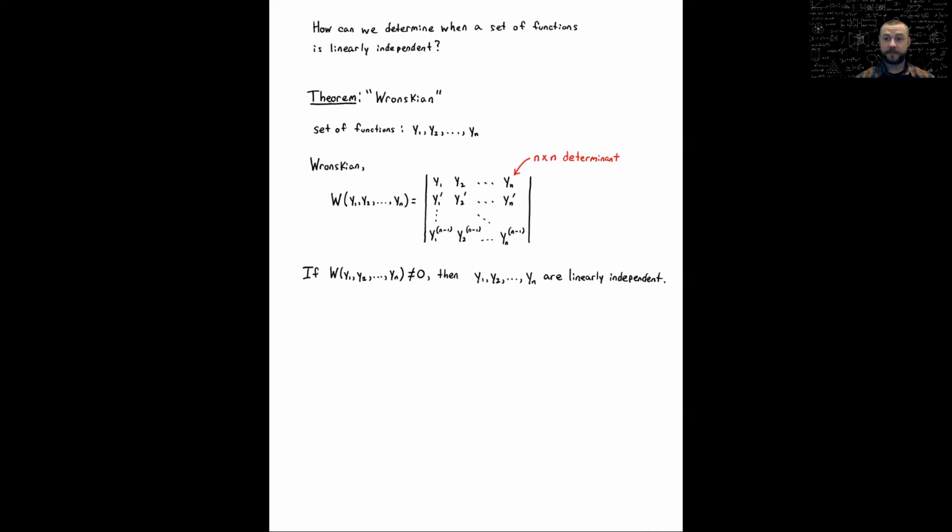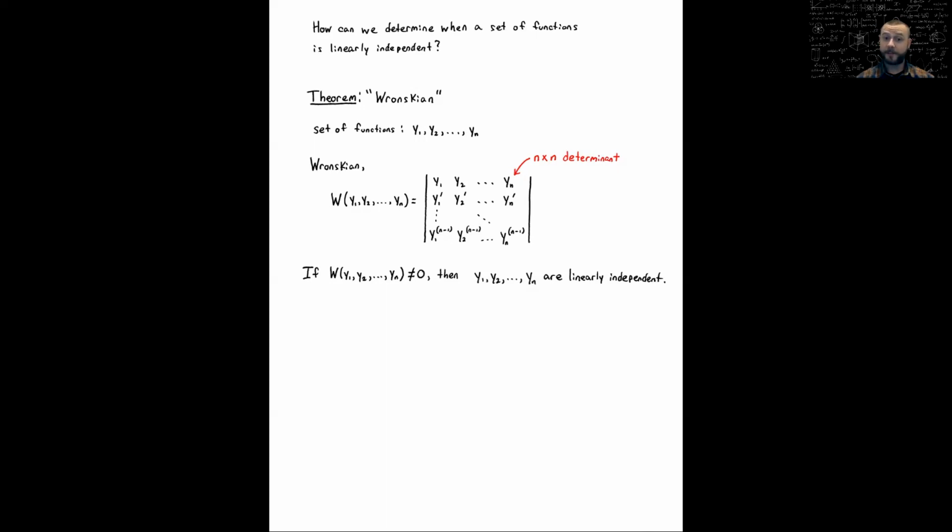Seems really simple, right? Well, the downside to this is as you scale up the size of your determinants, anything beyond, I'll say, a 4x4 determinant is very difficult to calculate, usually requiring special numerical algorithms to do so.